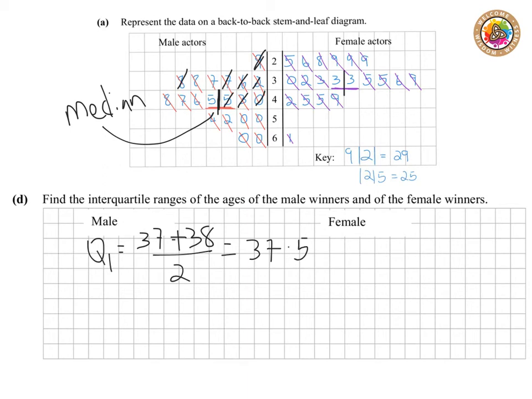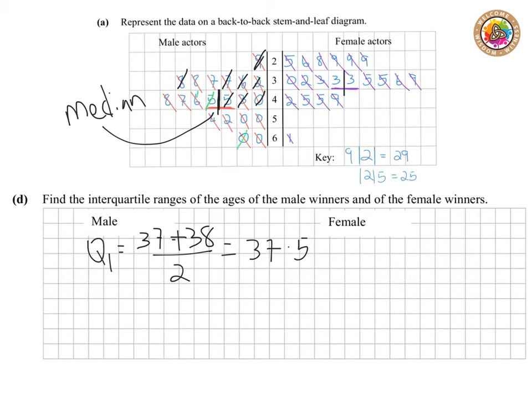I'm going to do the same process for Q3, my upper quartile. So quarter 1, and now I want to work out my Q3. I'm going to do it in green this time. I'll begin with my smallest here, which is 45, and my biggest is 60.